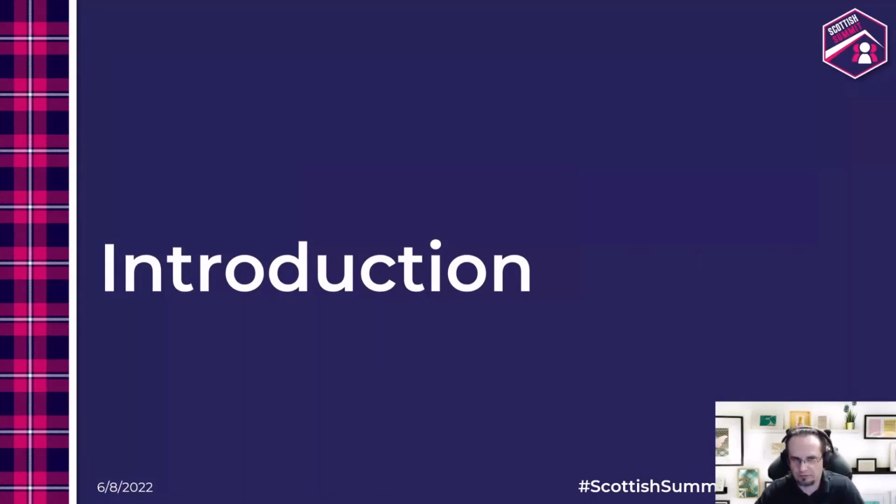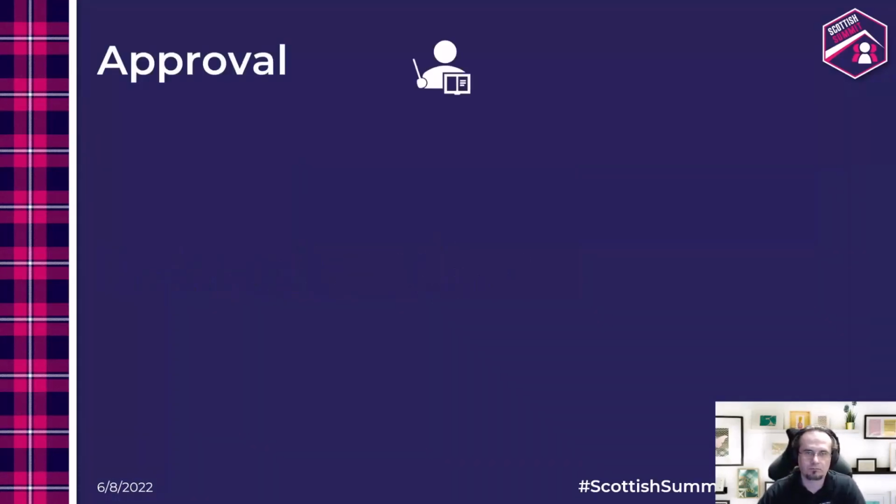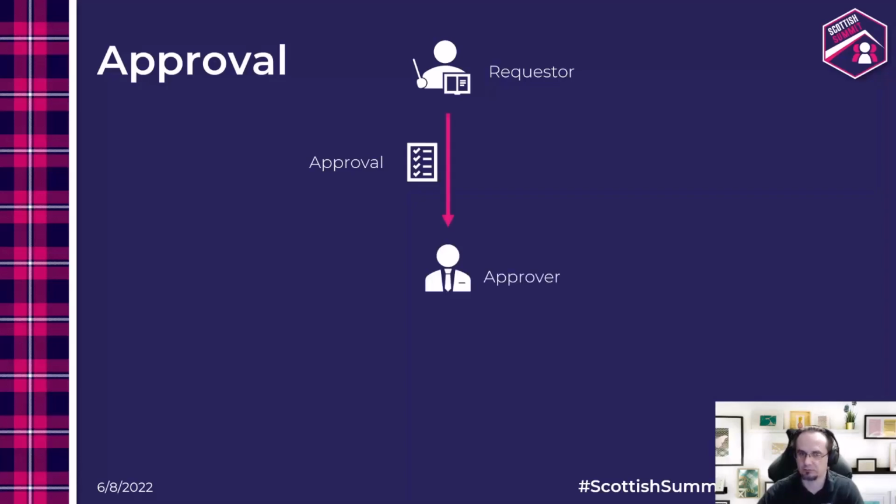What is an approval? You can imagine a person, a requester, who wants something to be approved by a manager, a group of managers, etc. So that requester creates an approval. It could be a digital form, paper, or other type of request, and sends that request to an approver.